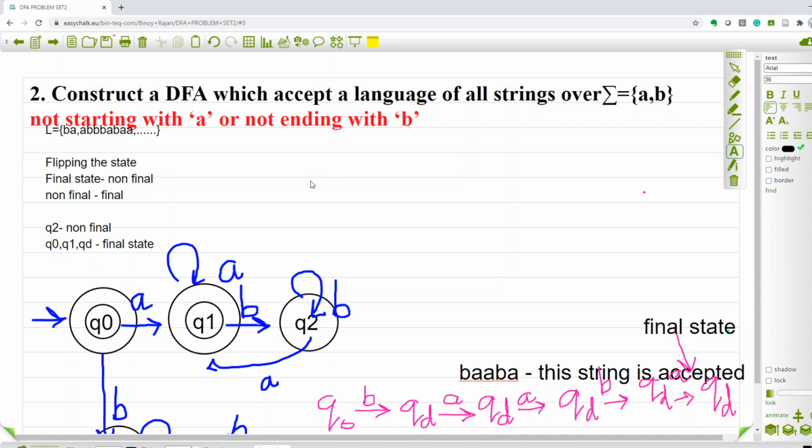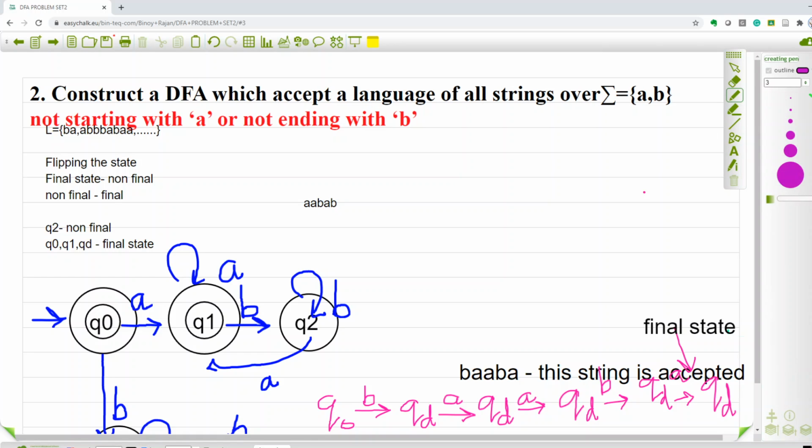Now let's see one more string which starts with A. So let it be A B A B. Let's see. Q0 with A as the input symbol, I reached Q1.